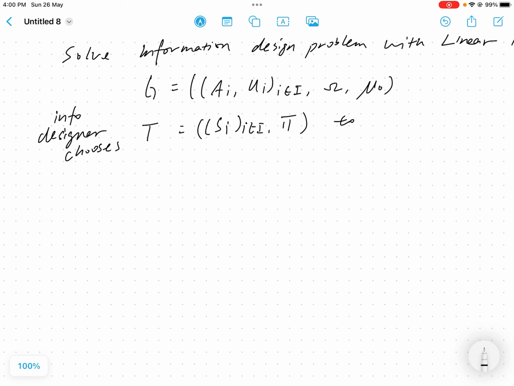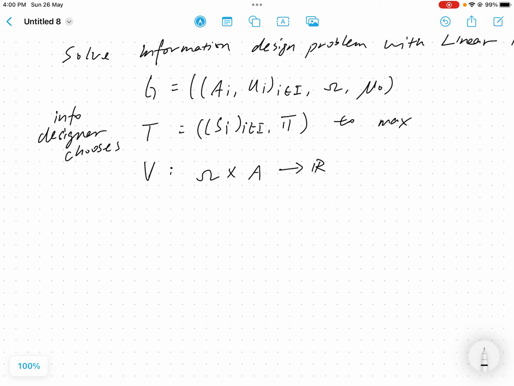Chooses the T to maximize their objective function. Okay, so V, this is sort of the utility function for the information designer. So this is a big V. It's just a map of the product of the state space and the action space to a real number.